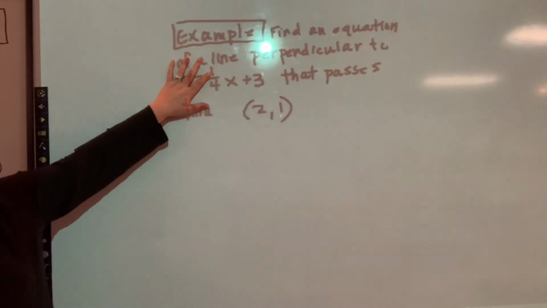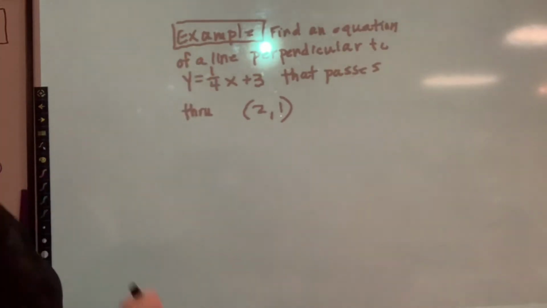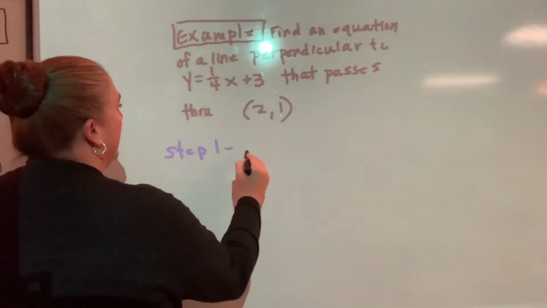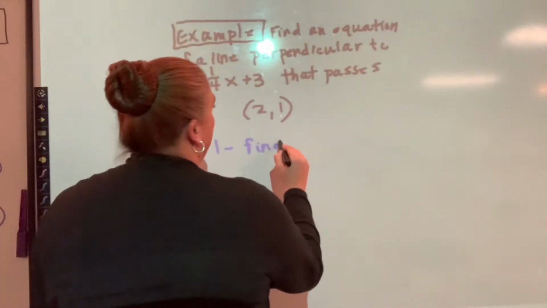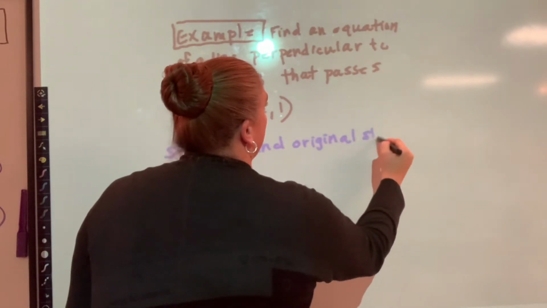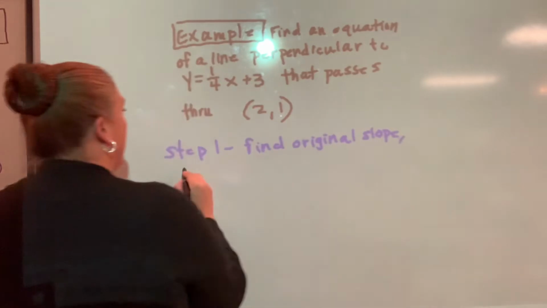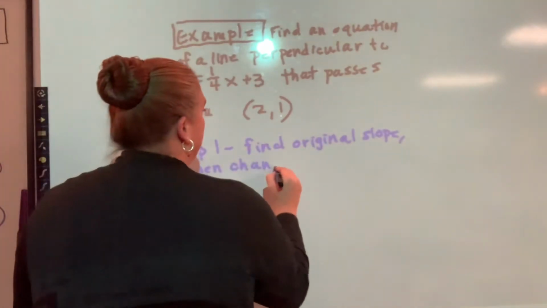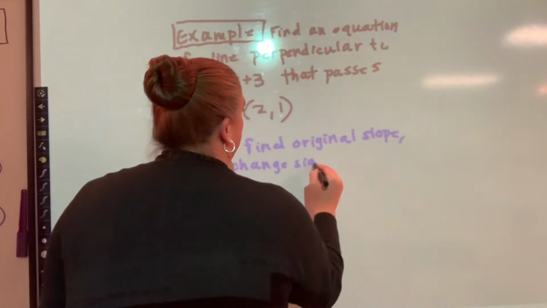So what form are we going to use? If you're a step person, let's go step 1. We're going to find the original slope. Then we're going to change the sign and flip.